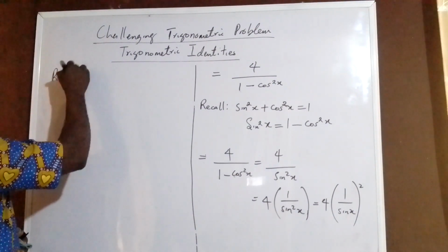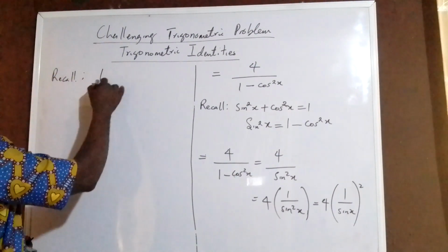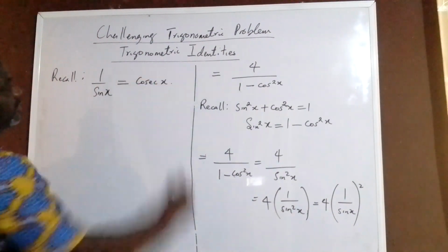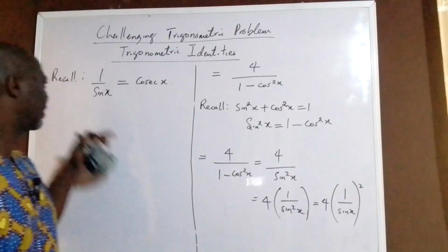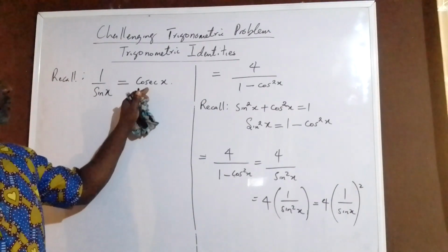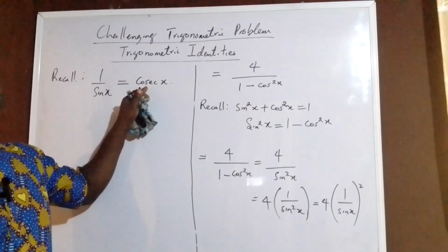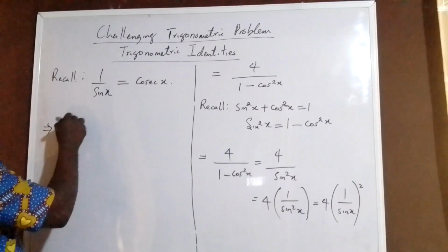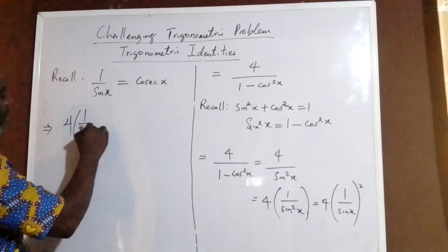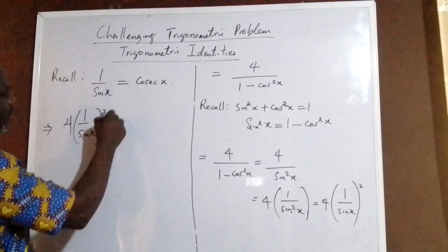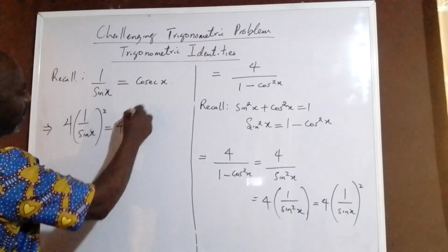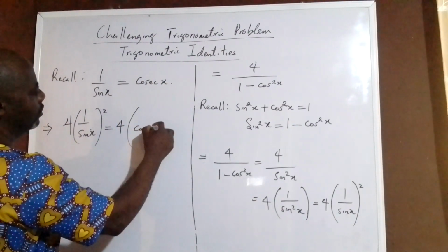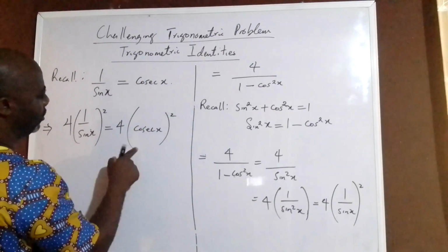Also recall that 1 over sine x is equal to cosec x. Cosecant, okay? This is sine, this is cosecant, so this one is shortened as cosec. And here we now have 4 times 1 over sine x squared, which will give us 4 times cosec x all squared.